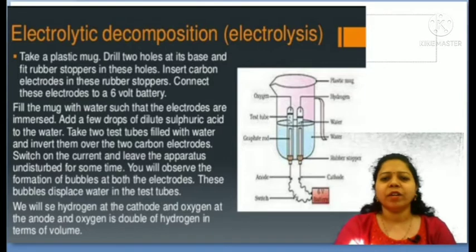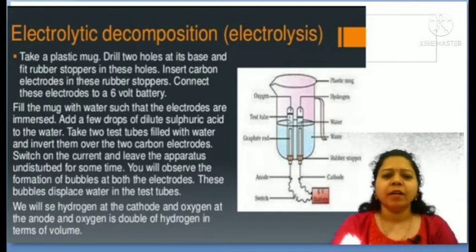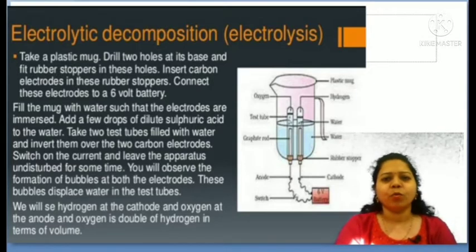We are taking water in this mug and adding 2 electrodes in it, and we connect these electrodes to the battery, and after that we observe what changes happen. The water decomposes into hydrogen and oxygen.